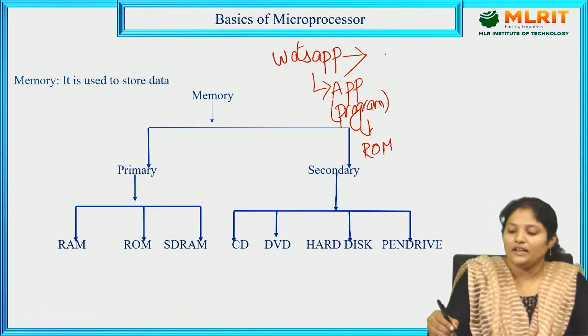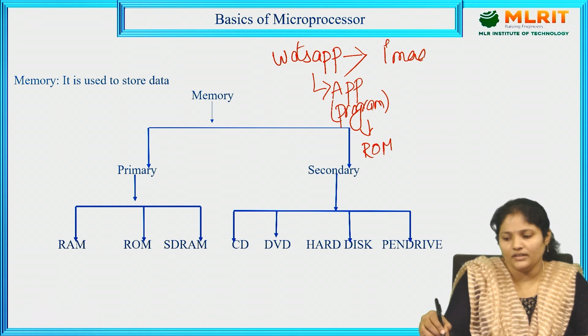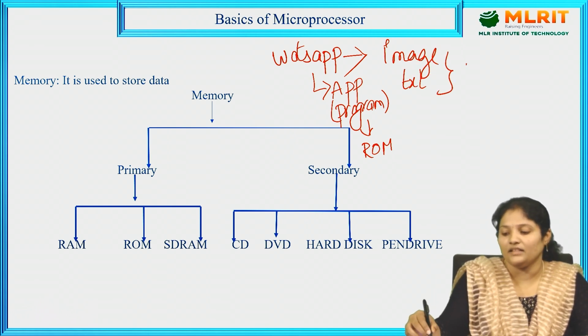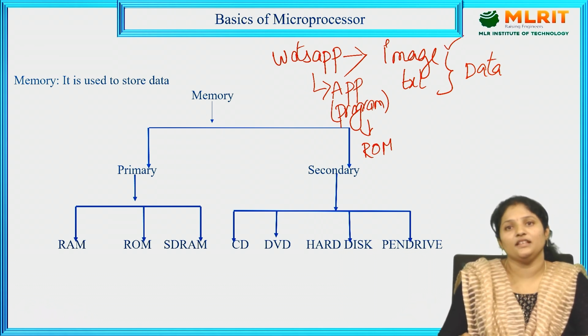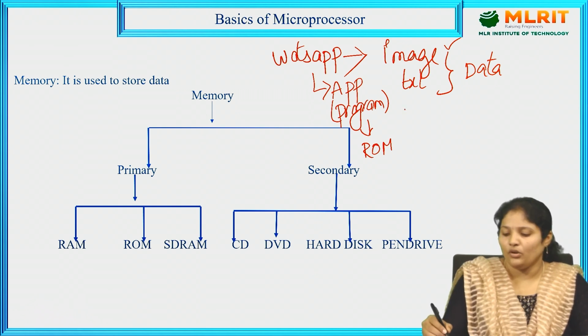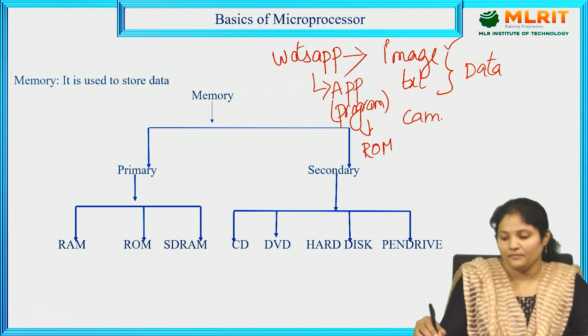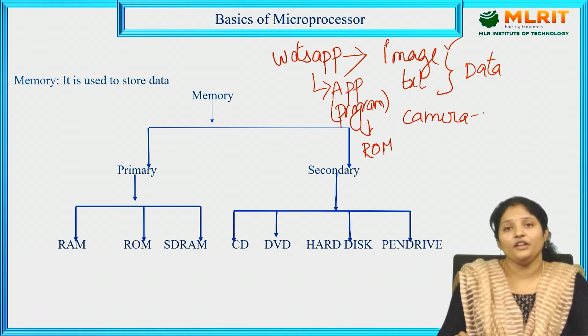The images, pictures, and text that you are sending on WhatsApp are completely data. So the application itself is a program, and the data which you are sharing is the data. Another example of an application is the camera. How do we use cameras? To take pictures or videos, right?